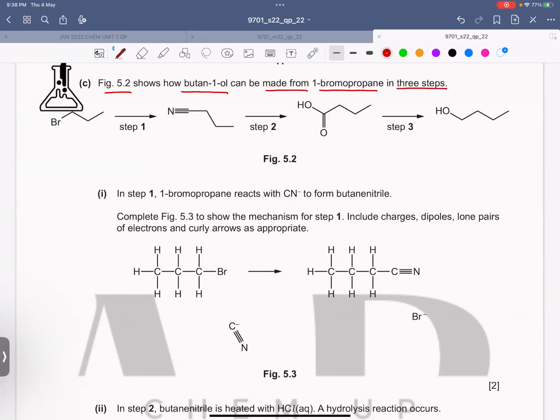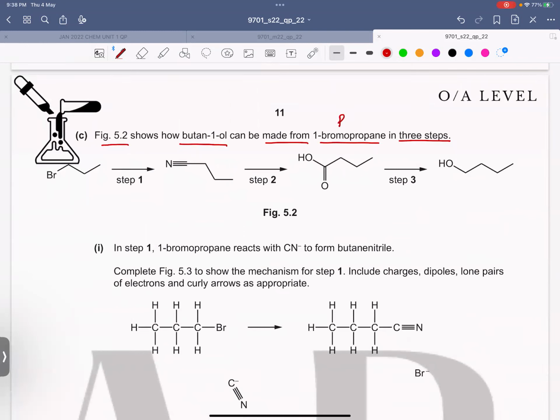See over here, this is your reactant and this is your product. In your reactant, how many carbon atoms are there? 3. And in the product? 4. So it means we have added 1 more carbon.